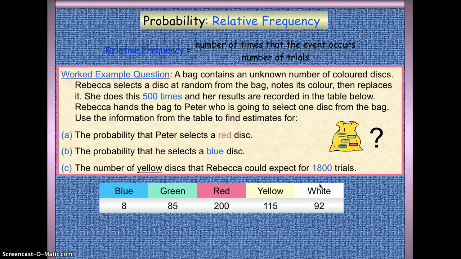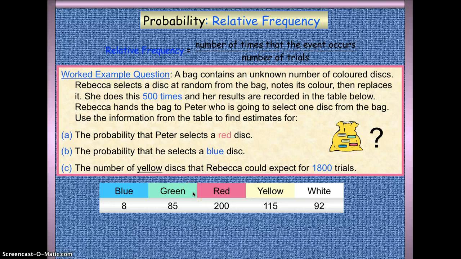Remember that we don't know the number of discs inside the bag. This is just what we know. Then when it's Peter's turn, you can estimate how many Peter will get. What's the probability that Peter will select the red disc? You will base it upon the experiment that Rebecca did.